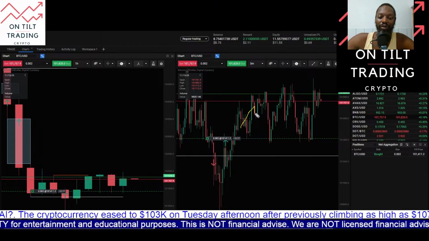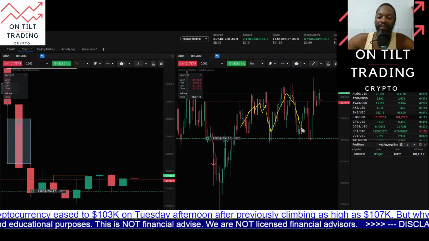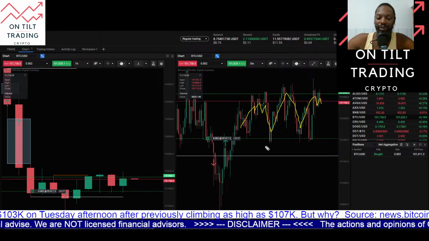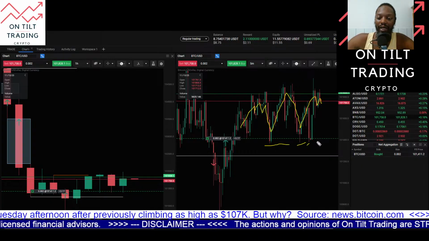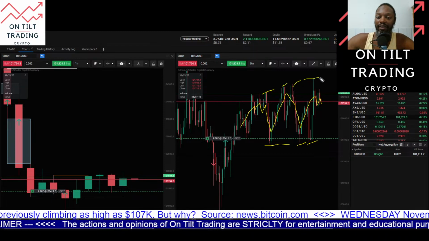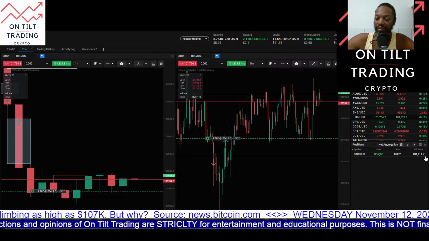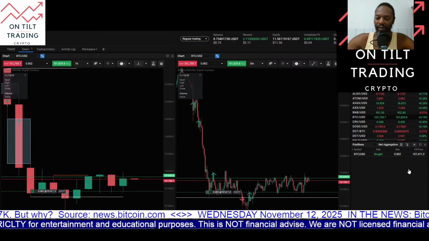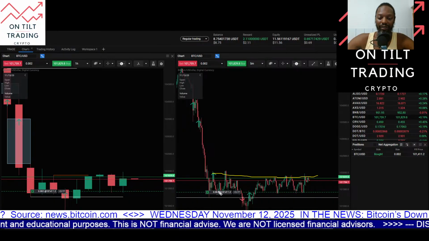And now you can see price, after delivering to the buy side, has simply been consolidating here in a range, but slowly putting in lower highs. It's putting in higher lows and higher highs as price action here is overall delivering to the buy side. And you can see this consolidation area.